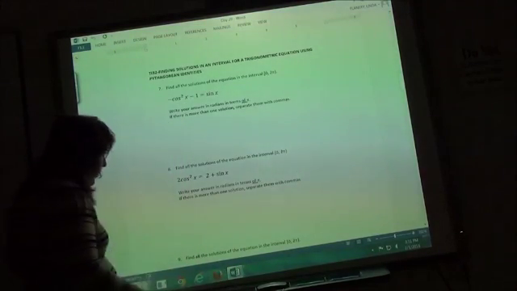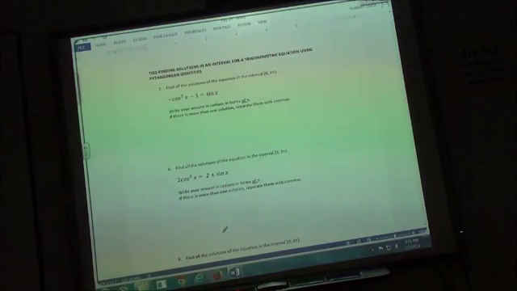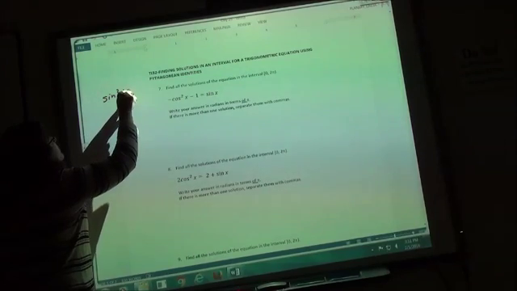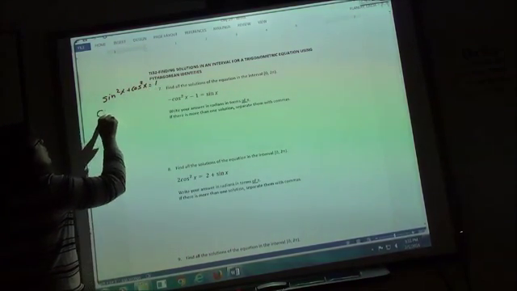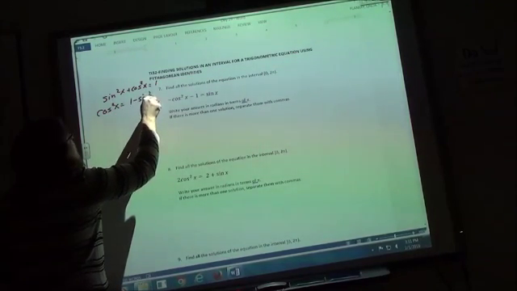So we have negative cosine squared of x minus 1 equals the sine of x. If I think about my Pythagorean identity, sine squared of x plus cosine squared of x equals 1, so the cosine squared of x is going to equal 1 minus the sine squared of x.